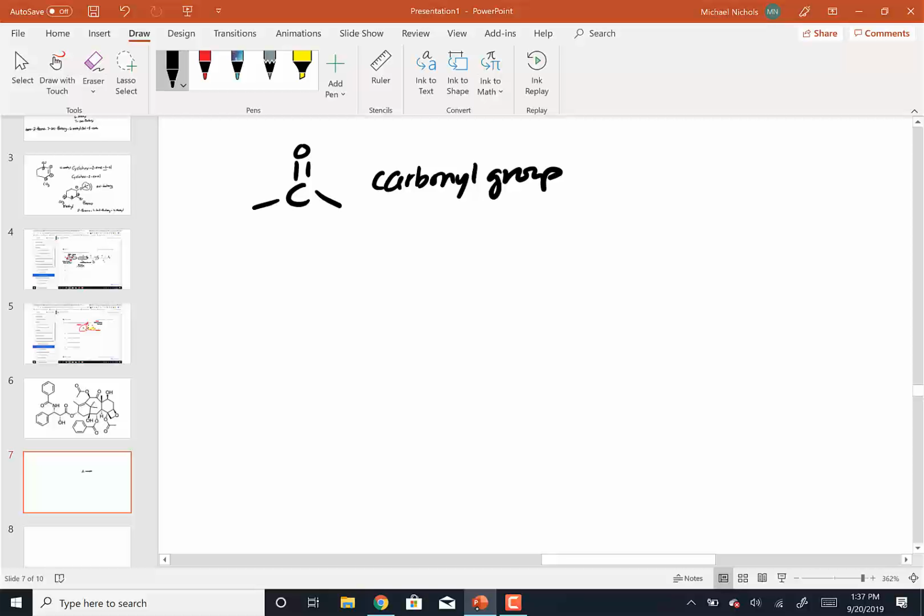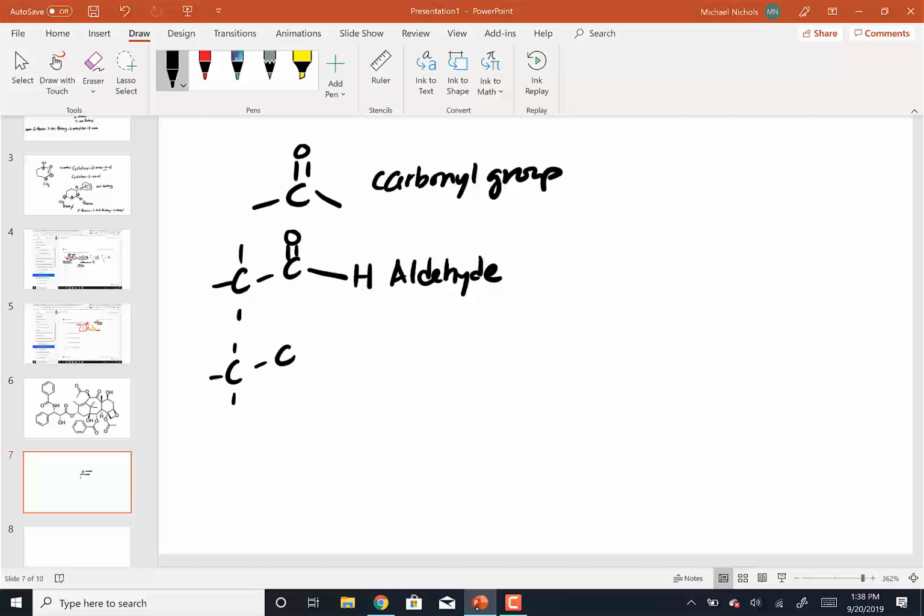Typically for our functional groups, you have a carbon group on one side of the C=O double bond, and what's attached to the other side dictates what exact functional group you have. So for instance, if you have a C=O with an H, that's called an aldehyde. When you have two carbon groups attached to the carbonyl, that is called a ketone.